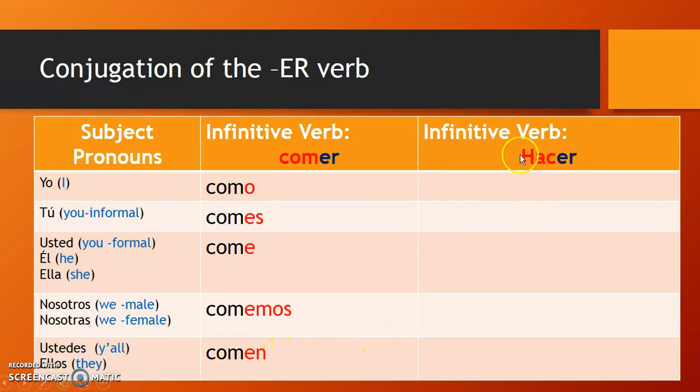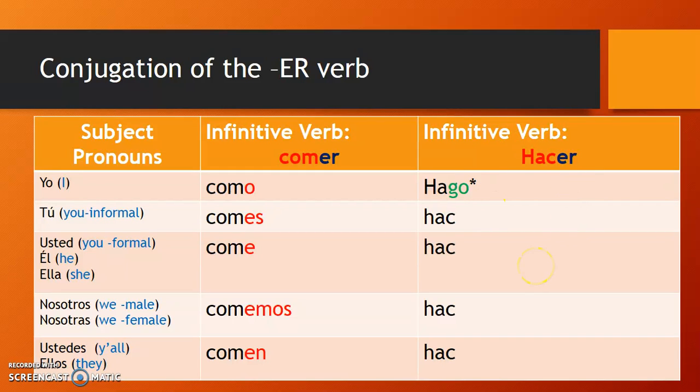Okay, so let's go ahead and work on the verb hacer, which means to do. And this is a really important verb in Spanish. You should memorize this one. Hacer. Okay, so here's how we tackle this again. And a quick note, el verbo hacer is irregular.